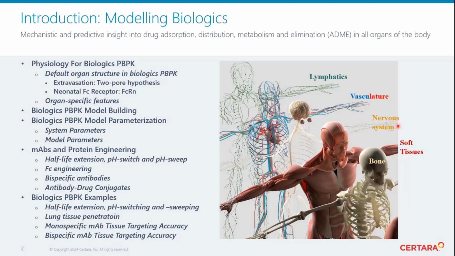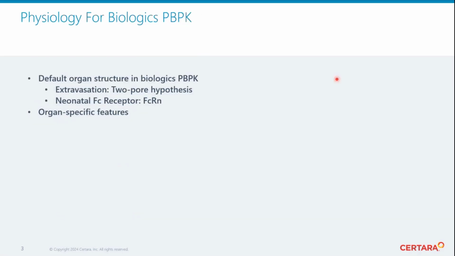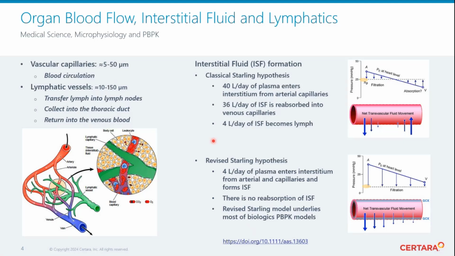We also consider nervous system, well, mostly CNS in this context. We also, of course, look at vasculature, which matters a lot, and lymphatics, which is specific for biologics. Right, here we go. Default organ structure, extravasation, FcRn, and organ-specific features.